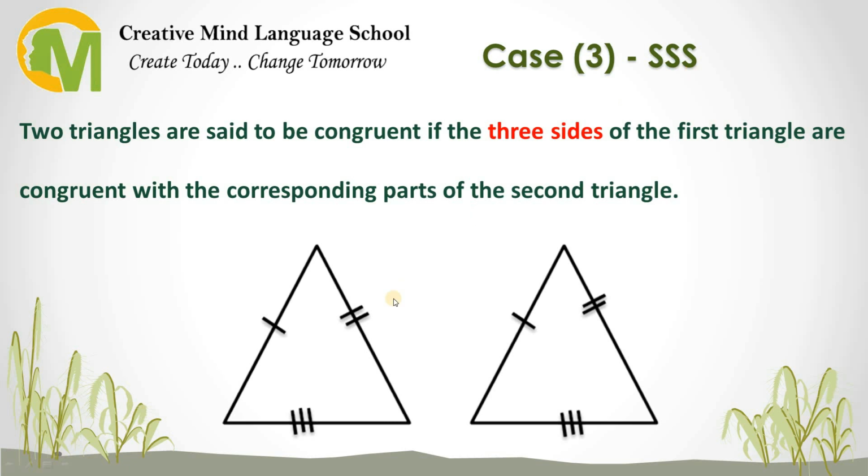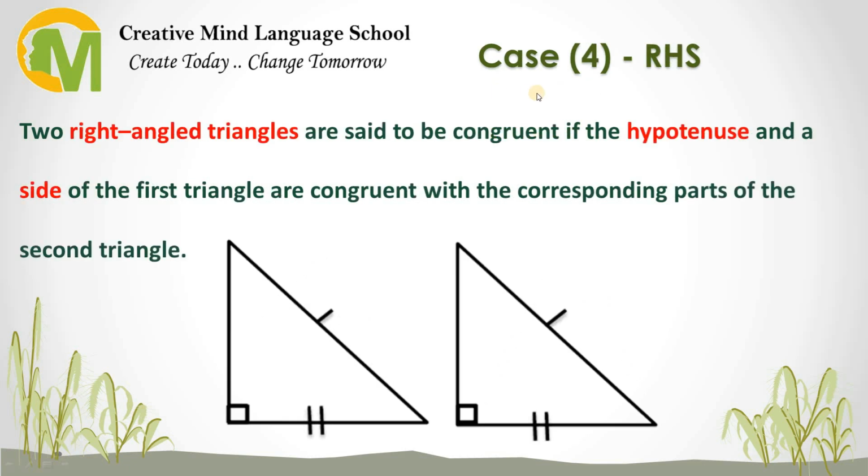According to the drawing, we see here that the three sides of the first triangle are equal in length to the three sides of the other triangle, so we say that the two triangles are also congruent due to the case SSS.